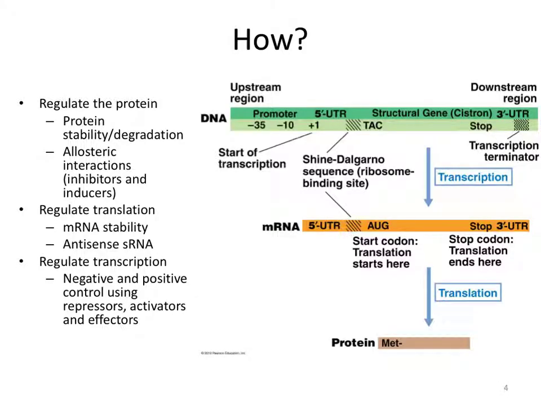Let's consider the levels at which regulation of proteins or protein activity can occur. At the bottom of this figure, shown down here in brown, we have a cartoon depicting a protein. There's the methionine, the very first amino acid incorporated into all proteins. If this was a bacterium, of course, that would be formylmethionine.